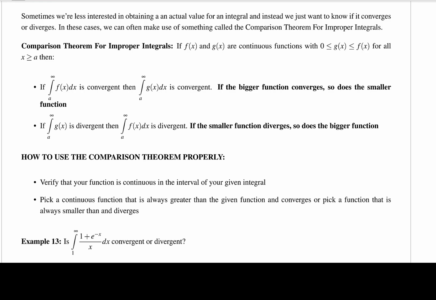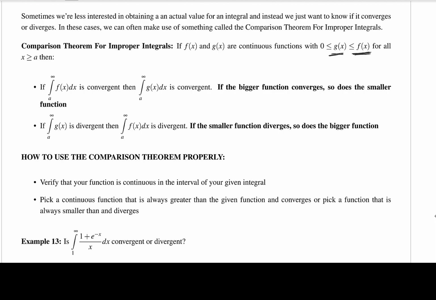Okay. So what we need is if the integral from a to infinity of f of x is convergent, then the integral from a to infinity of g of x will be convergent if g of x is smaller than f of x.